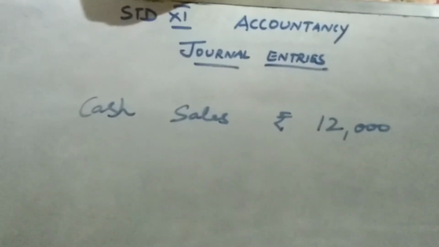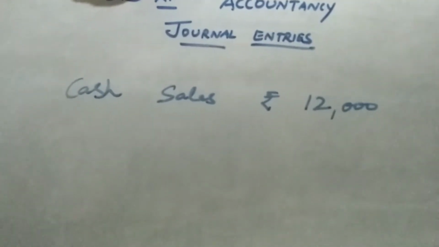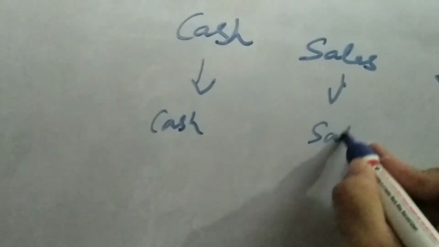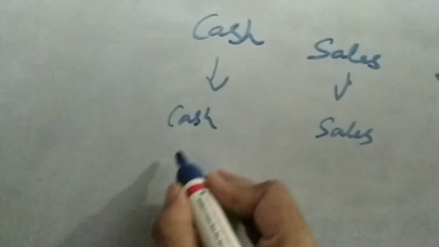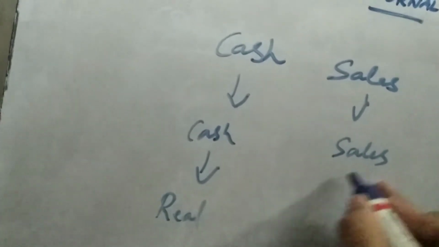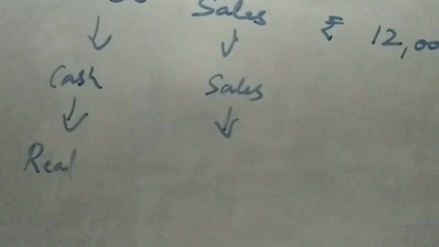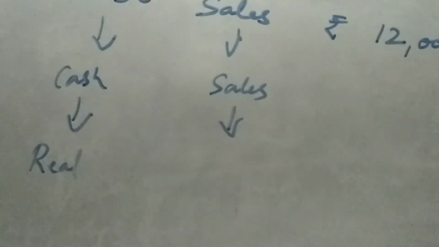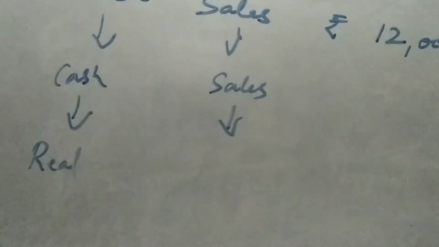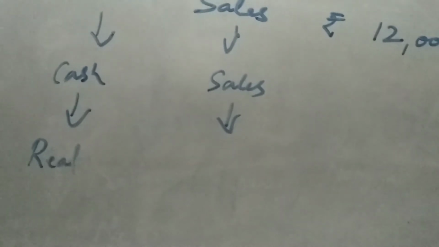The next transaction, cash sales, rupees 12,000. So now what are those two things involved here? Cash and sales. Cash, real account. Sales, it can either be treated as a real account item or a nominal account item.